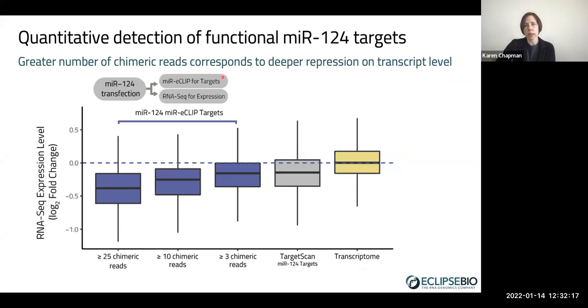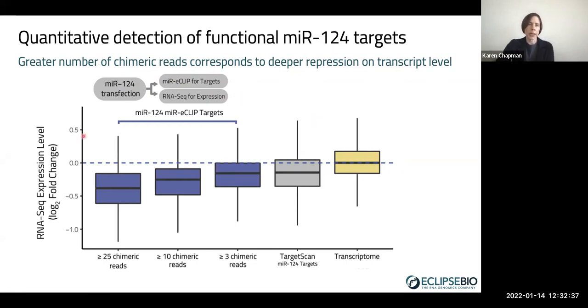One was the miR-eCLIP, the assay I just showed you, to look at the transcriptome-wide binding sites of this miR-124. And then an RNA-Seq was also done to look at gene expression changes induced by this transfection of this microRNA.